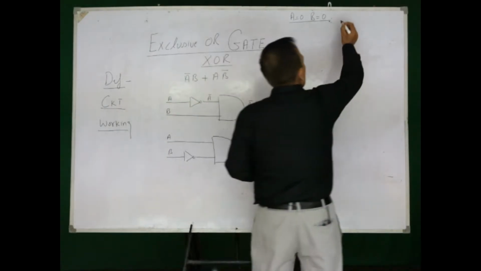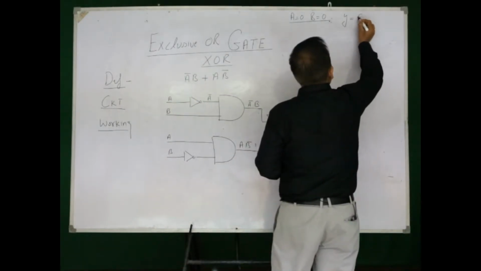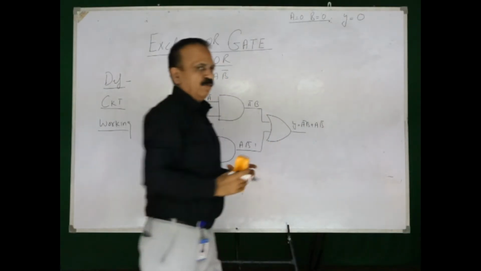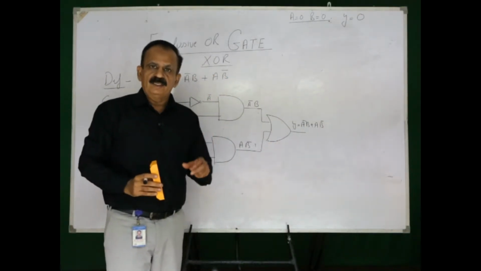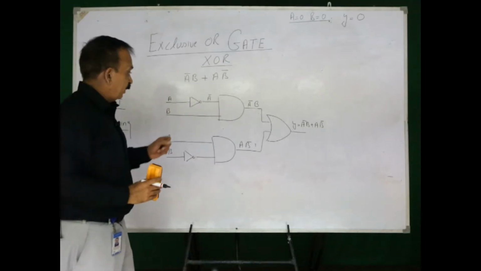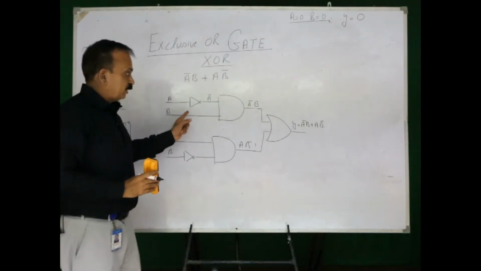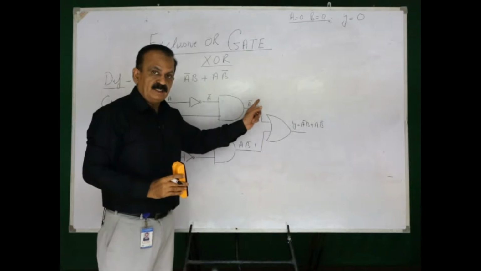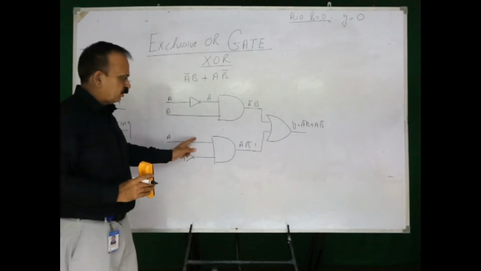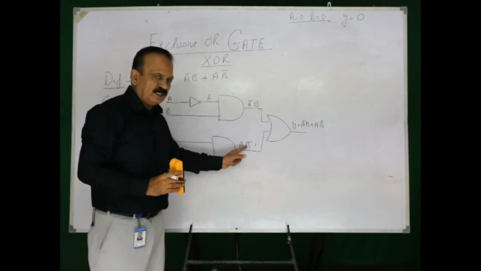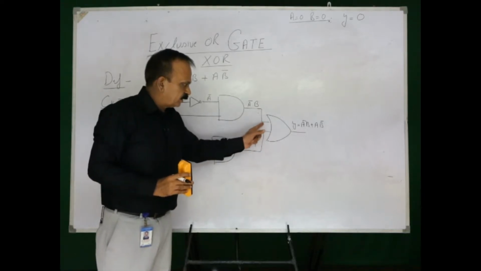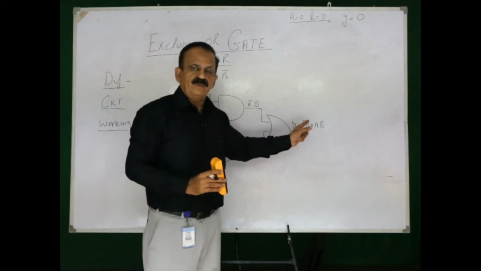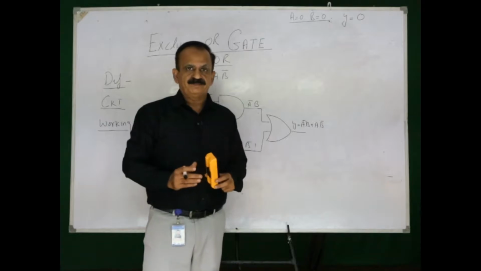That means Y will be equal to 0. When both A and B are 0, Y is going to be 0. Why? Because B equal to 0 will give A bar B equal to 0, and A equal to 0 will give A B bar equal to 0, and when both these values are 0, Y is going to be 0 only.